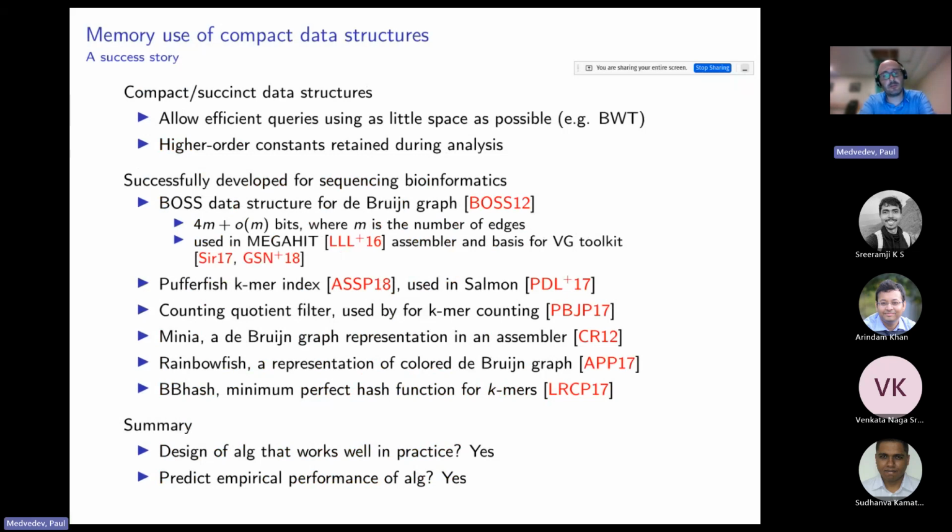If you know things like the Burrows-Wheeler transform or FM index, this is an example of those. So the idea here is that you look at the bits that a data structure takes, but you're keeping your higher order constants. So there's a difference between 4n bits and 3n bits. And you're trying to come up with algorithms to improve on those constants if possible.